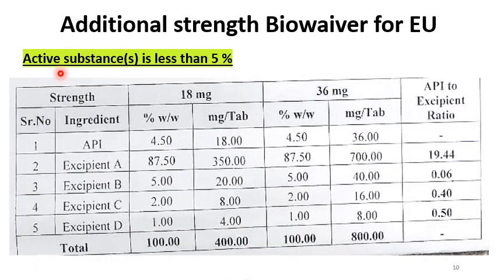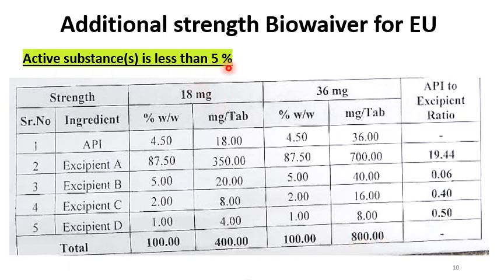Then if your active substance is less than 5% in the formulation, see here 18 mg and 36 mg are considered. This is 4.5%. This is also 4.5%. For 18 mg, the tablet weight is 400 mg. Here, for 36 mg strength, the tablet weight is 800 mg.